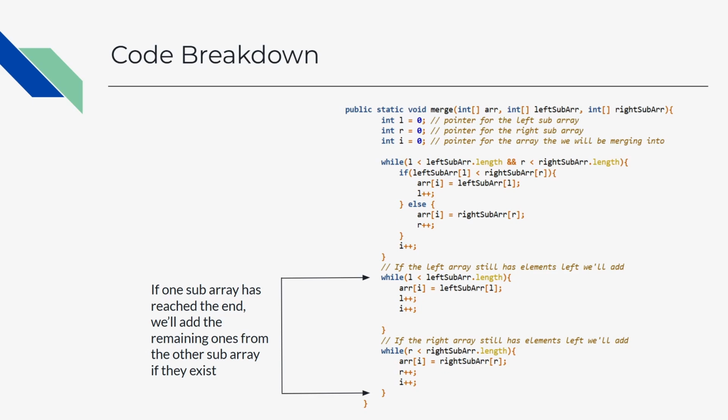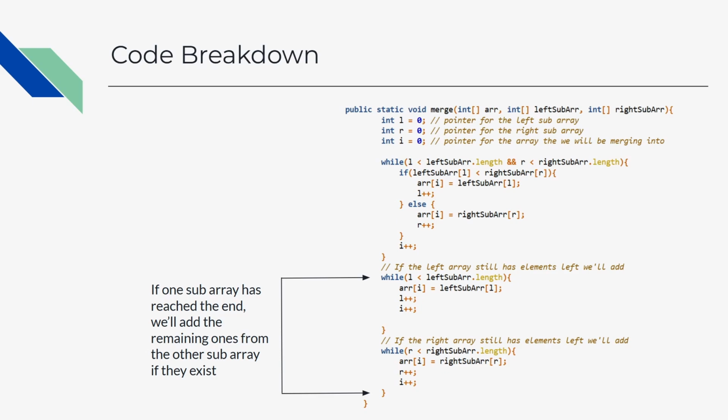For example, the first while loop will be checking if there are elements left in the left subarray. If there are, we will keep on adding the elements in the left subarray onto the array that we are merging into until we reach the end.